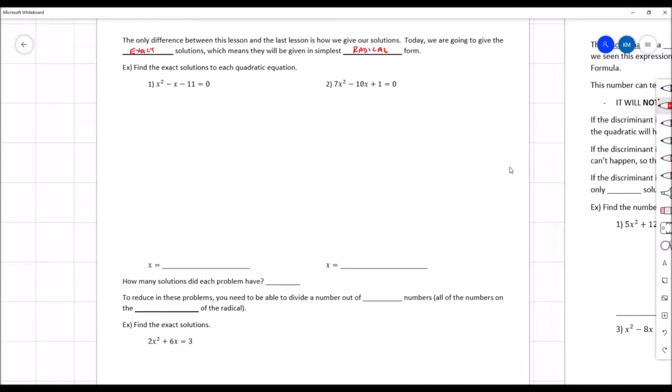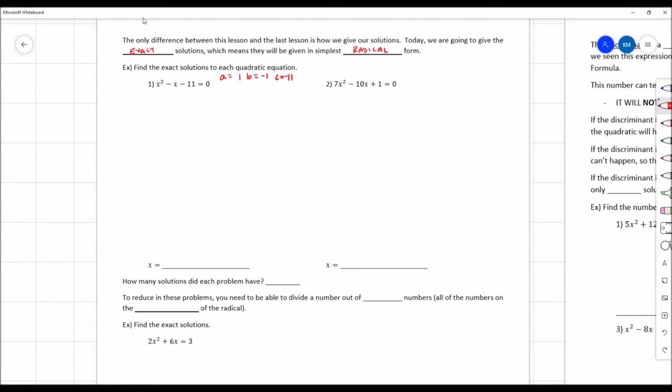So let's go through a couple problems. It says, find the exact solutions to each quadratic equation. We already know how to go through the formula. We want to identify our A value, our B value, and our C value. Make sure that you take careful notice of those negatives and that you use them correctly as you go through the problem.